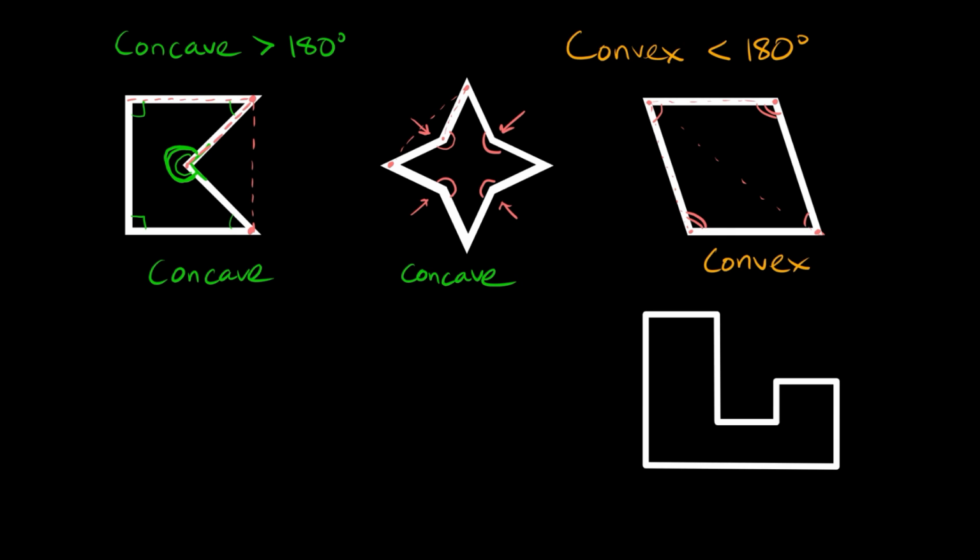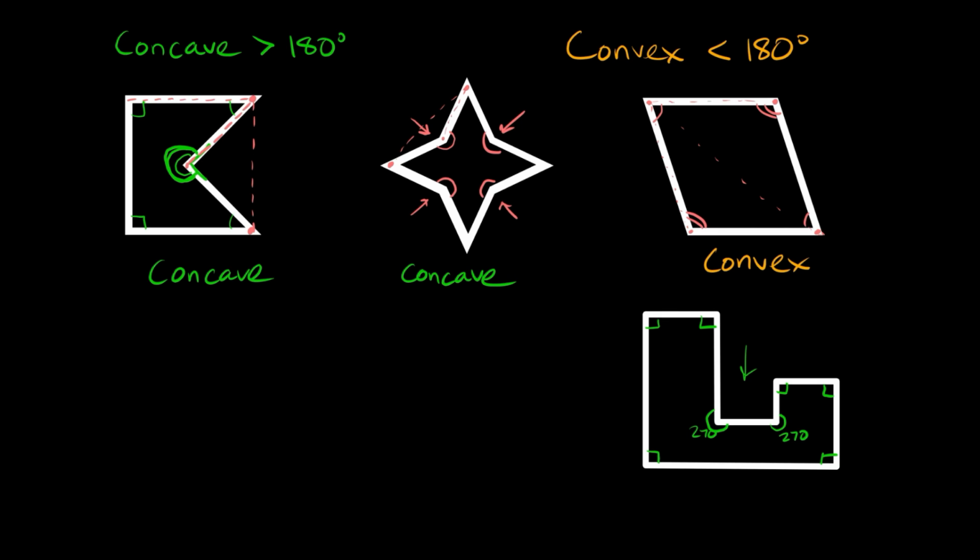What about this last one right here? Okay, well, it kind of looks like maybe there was a dent here. We also have these 90-degree angles right here, okay? But what about these angles? Well, these angles are not 90 degrees. These are actually 270 degrees each, right?